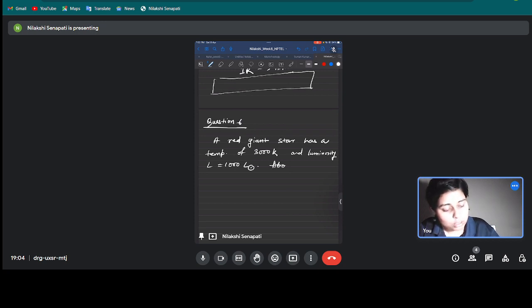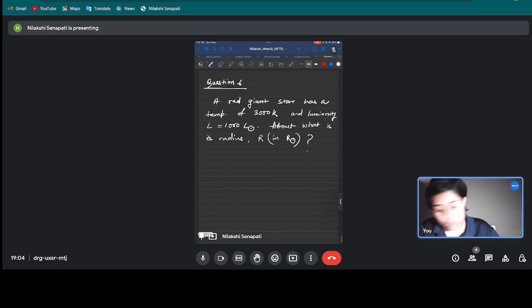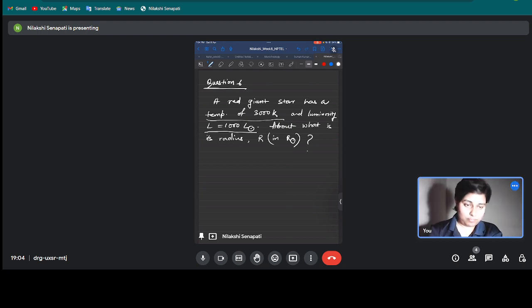About what is its radius, R in R sun? So it is given that a red giant star has a temperature of 3,000 Kelvin, first information, and luminosity is also given, that is 1,000 L sun. What is the radius of this red giant star in terms of solar radius, obviously.